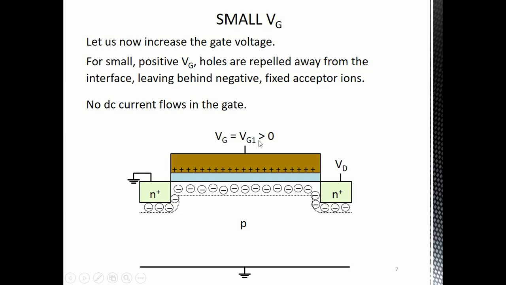The gate has a positive voltage, but because this is a capacitor, DC currents don't flow from the gate to the substrate. AC currents can flow. Like in any capacitor, if the voltage on the gate is changing with time, current will flow. But DC currents do not flow.